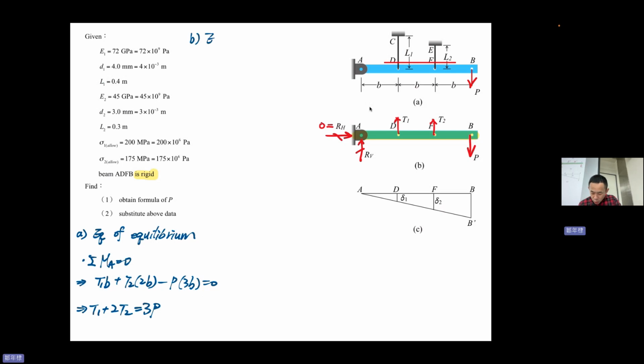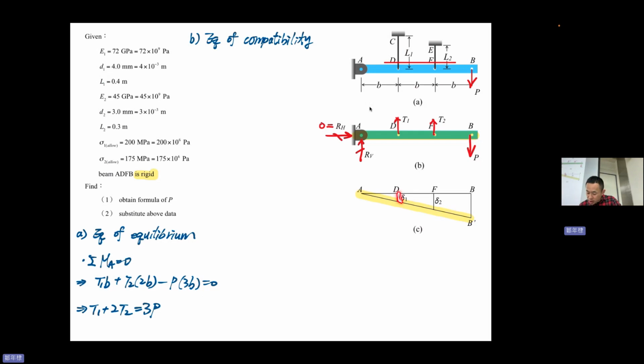Next one, the equation of compatibility. This one will be a little bit complicated. We need to find the geometry relationship. Because the AB bar is rigid, if it changes its rotation it must maintain a straight line.